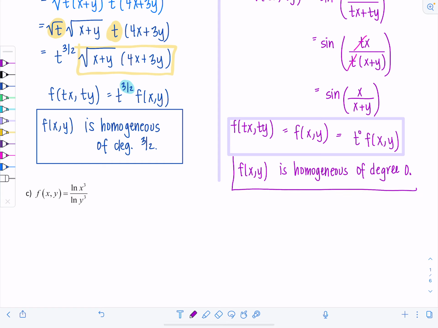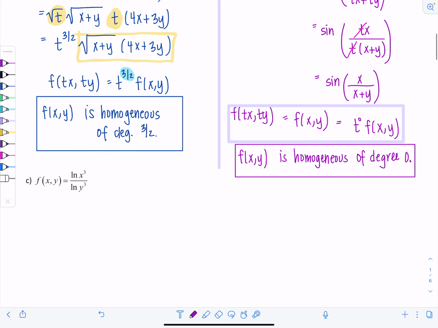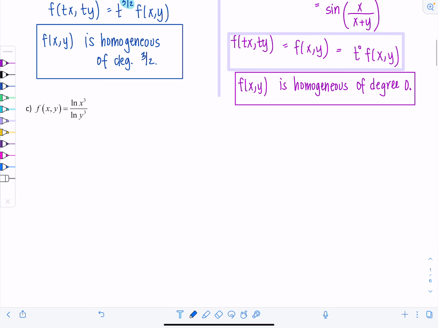All right, let's look at one more example here where we're going to apply the definition. We have f of x, y equals natural log of x cubed over natural log of y cubed. So again, just go straight for the definition. f of tx, ty equals natural log of tx cubed over natural log of ty cubed.